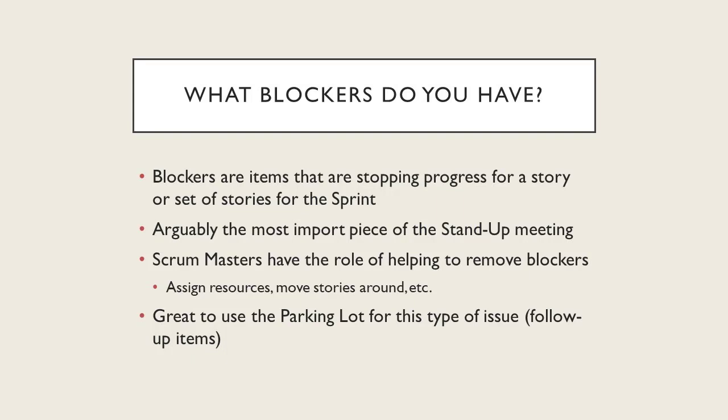And this allows you to do 2 things. 1, remove the blocker for the individual by either assigning resources, maybe adding more hours to the time estimate for the story, or just whatever is needed to help remove that blocker. And 2, it allows you to adjust the sprint capacity on the fly, or rather adjust the sprint with regards to the capacity.